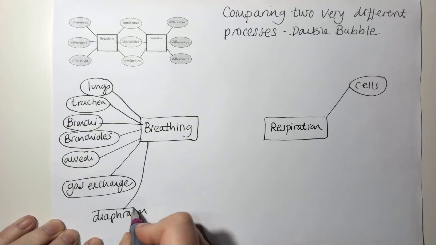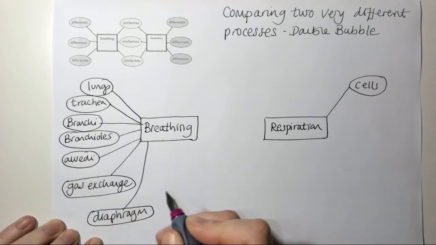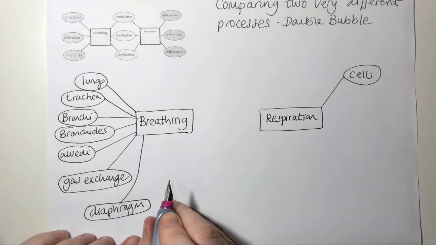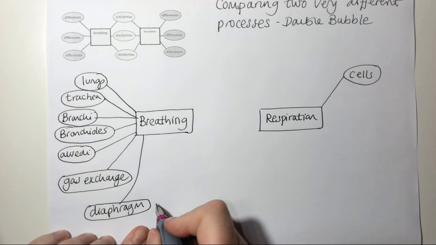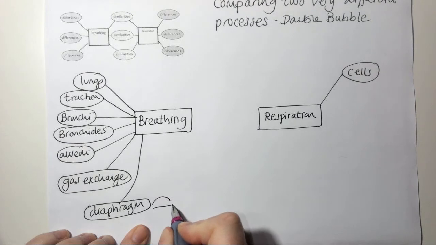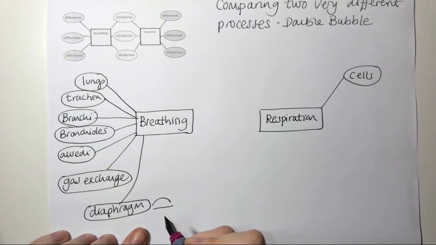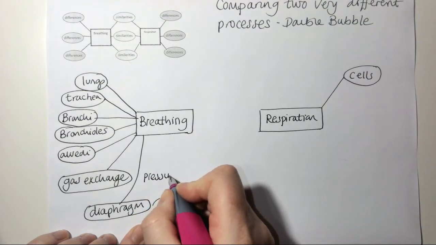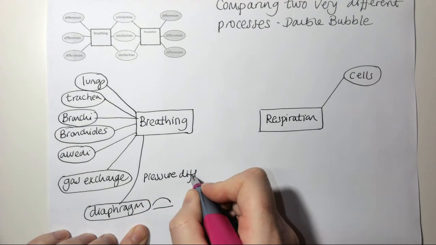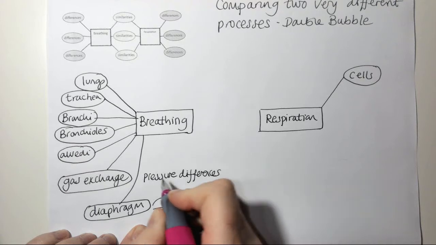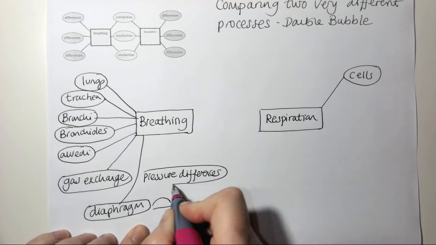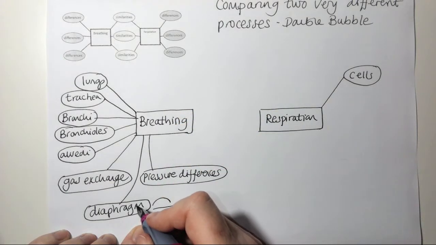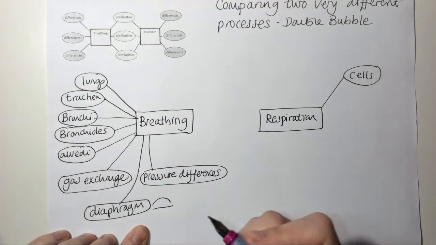That's because the diaphragm is our sheet of muscle that goes from a dome shape to a flat shape, and it causes pressure differences between inside the lungs and the chest and outside that cause the lungs to inflate and deflate.